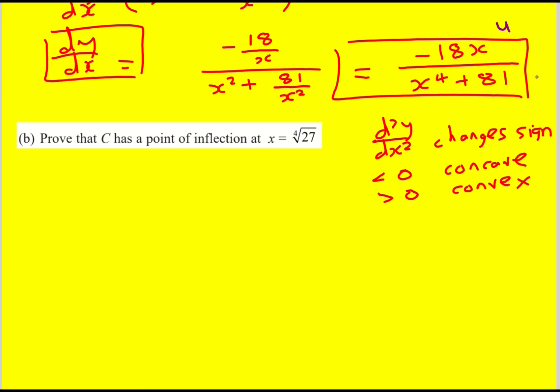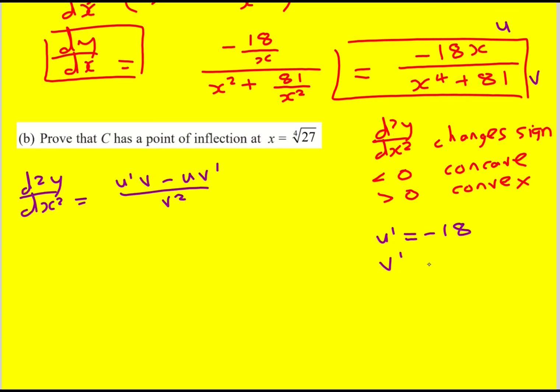So this time I'm going to call this u, this v, and the second derivative is going to be u dash v minus u v dash over v squared. The formula book gives it in terms of g and f, but it is there if you look for it. So u dash is minus 18, v dash is 4x cubed.